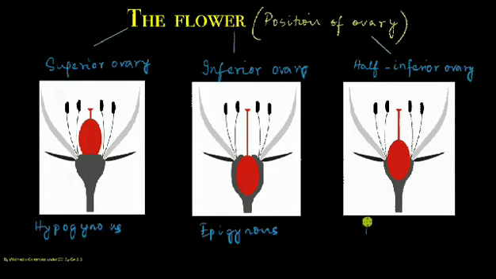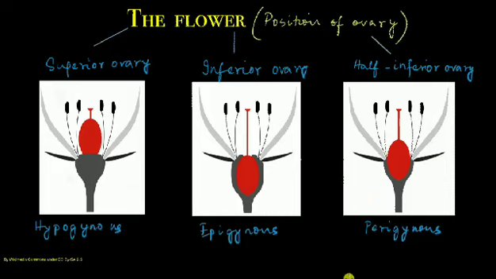And the flower is said to be perigynous. And perigynous means what? Peri means around or about or beside. So the other parts of the flower are kind of beside or around the ovary, hence the name perigynous.